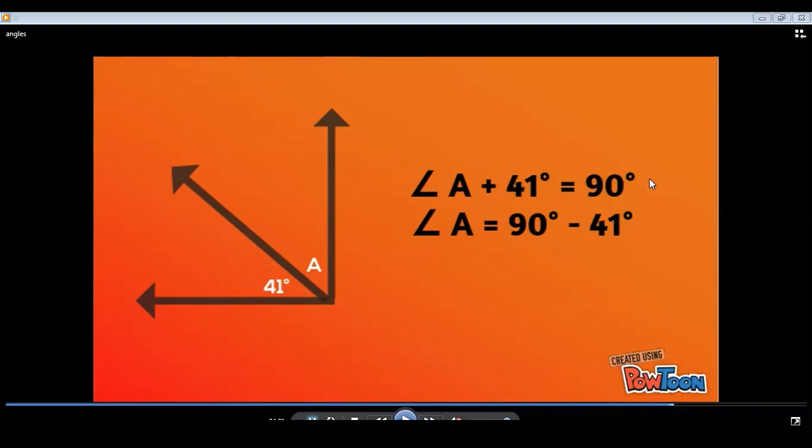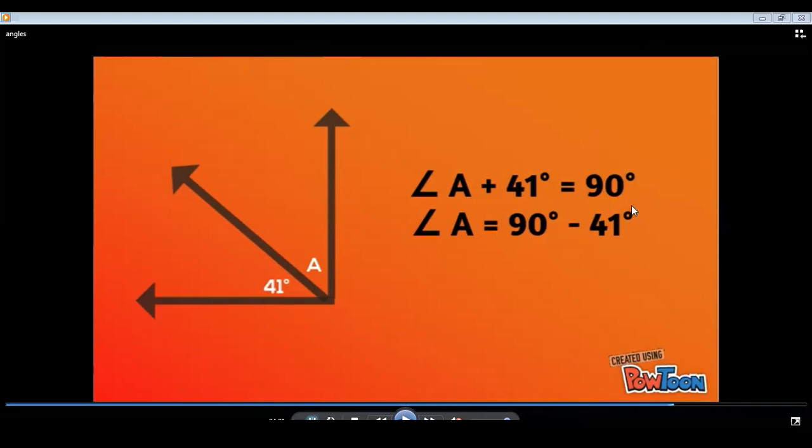The opposite of multiplication is division, the opposite of addition is subtraction, and the opposite of subtraction is addition. So when any operation moves to the other side of the equal sign, it gives the opposite operation. 41 is added over here, and when we move it across the equal sign, it will be subtracted.